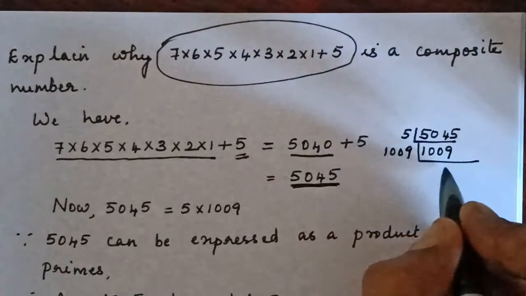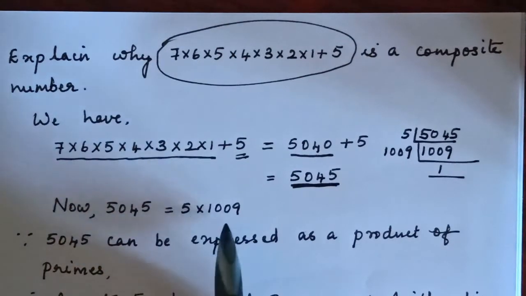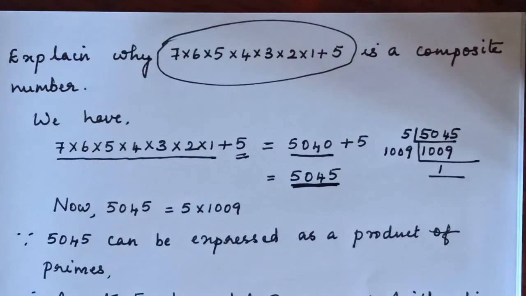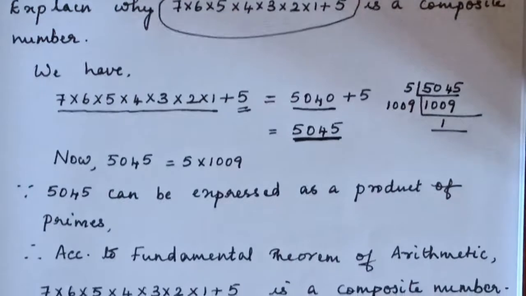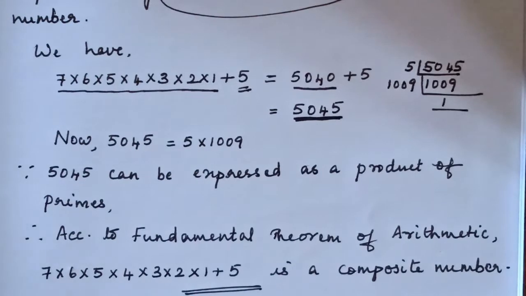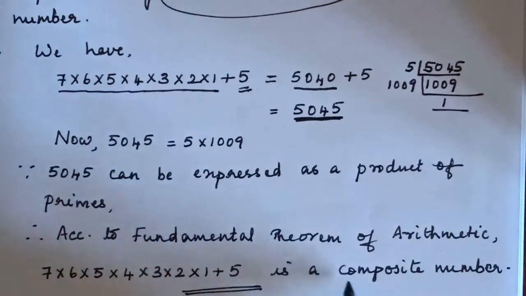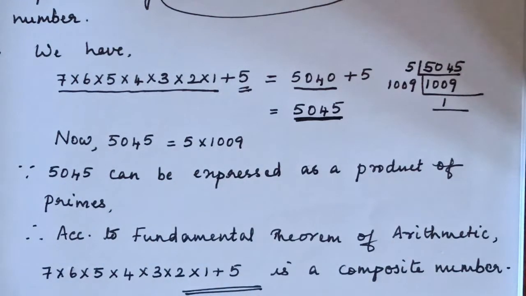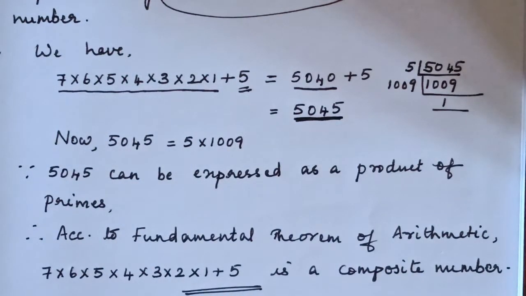Next, 1009 is prime, so we can write it as 5 into 1009. That is, 5045 can be expressed as a product of primes. So according to the fundamental theorem of arithmetic, 7 into 6 into 5 into 4 into 3 into 2 into 1 plus 5 is a composite number. So here you have to write according to the fundamental theorem of arithmetic. That is important.